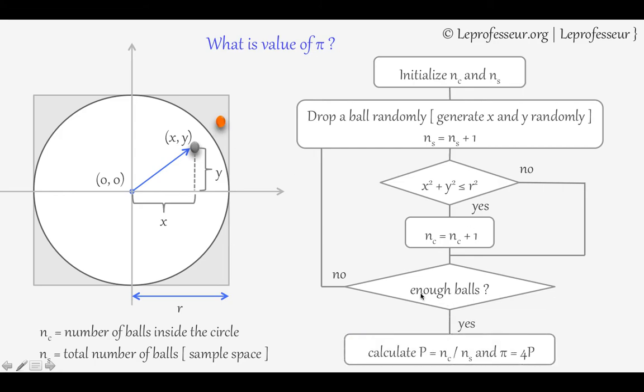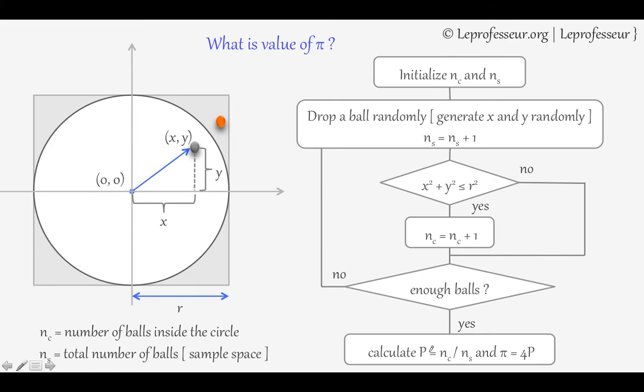And if we find that we have completed, or we have so many balls that the whole area of the circle is covered with balls, then we can estimate the probability, that is, how many balls are within the circle out of how many balls we have thrown in total.